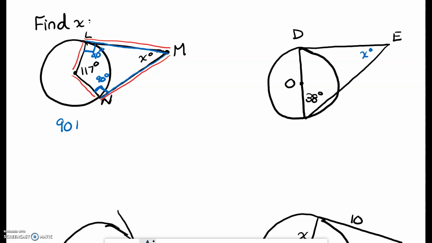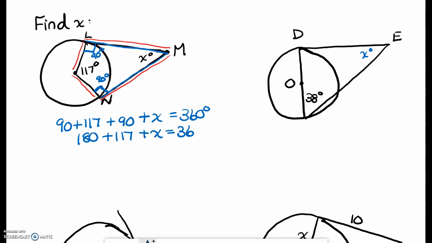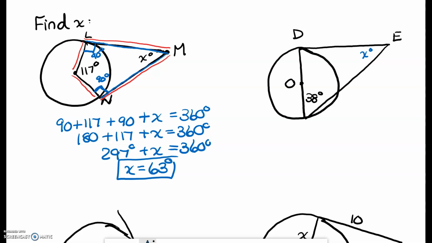So I get 90 plus 117 plus 90 plus x equals 360 degrees. So 180 plus 117 plus x is 360 degrees. So 297 degrees plus x is 360 degrees. So I end up with 63 degrees for x.